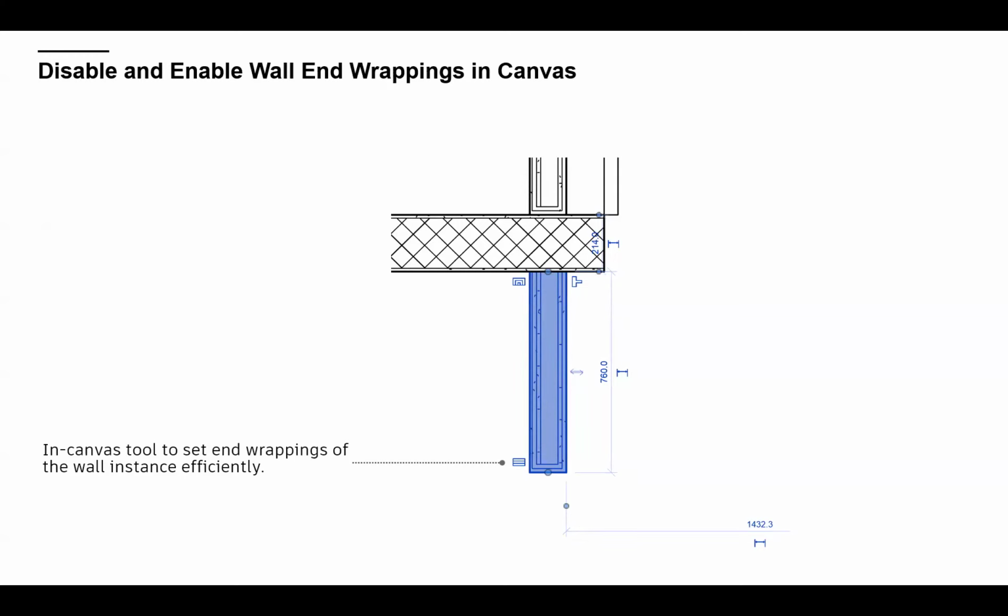Again, it's new functionality. Basically, when a wall is selected, specific controls are displayed at every wrapping location that can be individually clicked to enable or disable wrapping at that location if we are doing this through the UI, and correspondingly, there is API to do exactly the same.